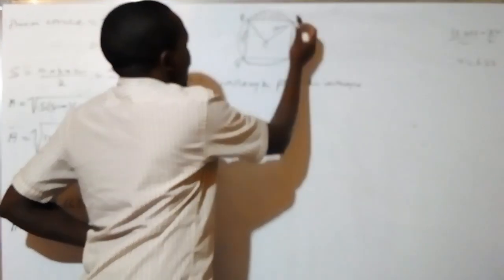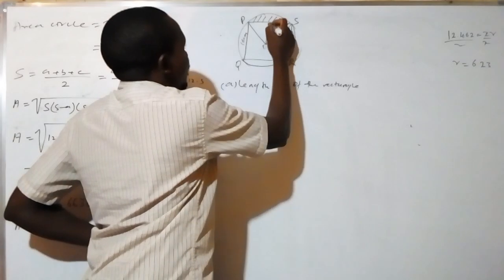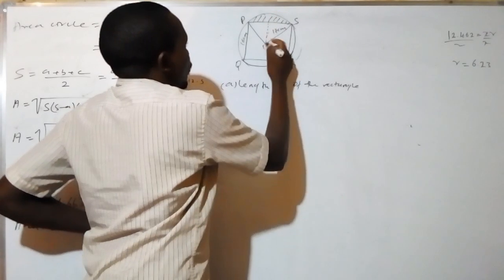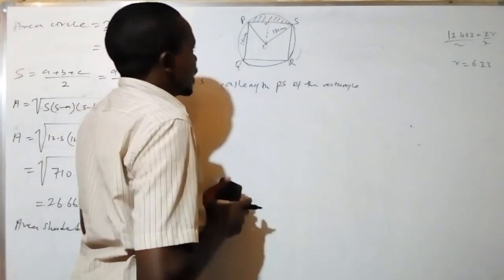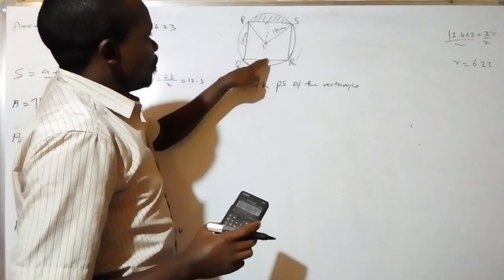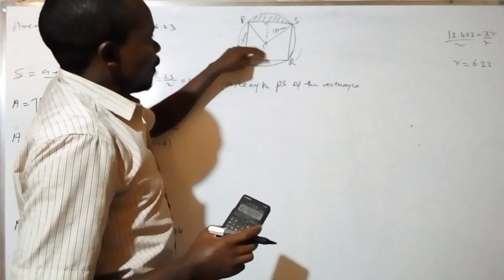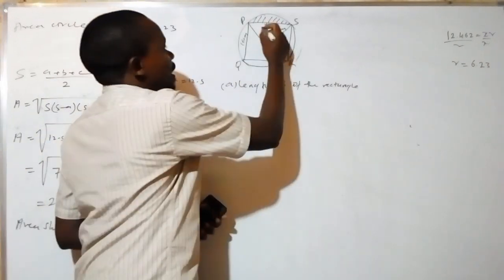What if we drop a perpendicular line from O to a point X? From O to X will be what? PQ is 16. Half of it, you divide by 2, is 8. This side will be 8.